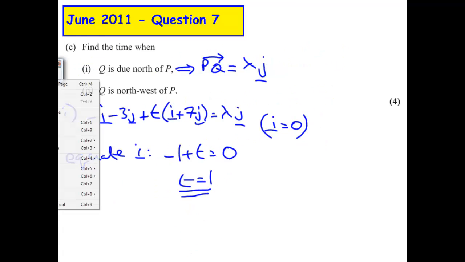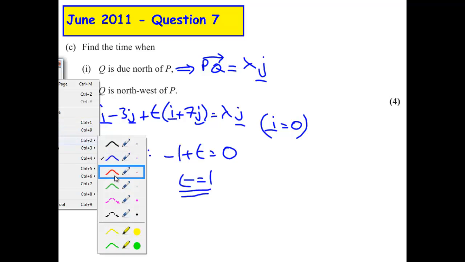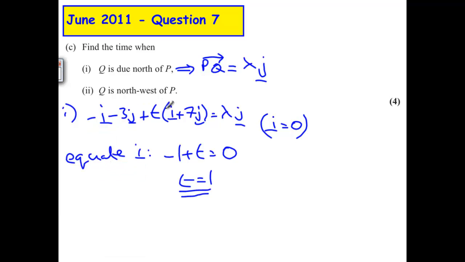Now, for where the marks here are allocated, you would get one method mark for setting your previous value of PQ equal to lambda j. So that is what it takes to be parallel to the vector j, in other words, for Q to be due north of P. And finding the exact answer for time is a second mark, that's your accuracy mark.